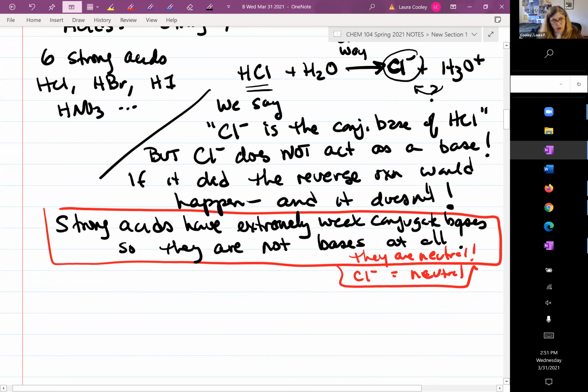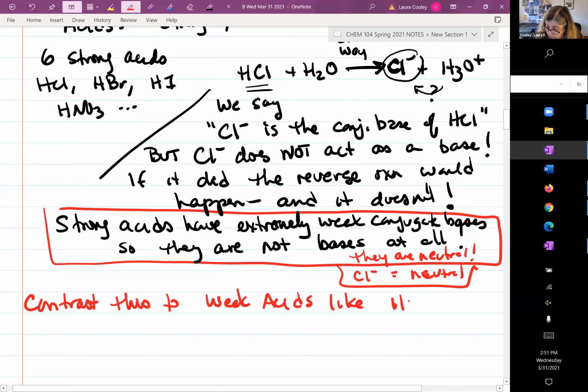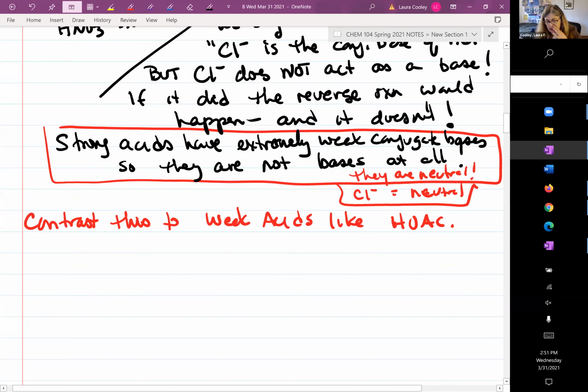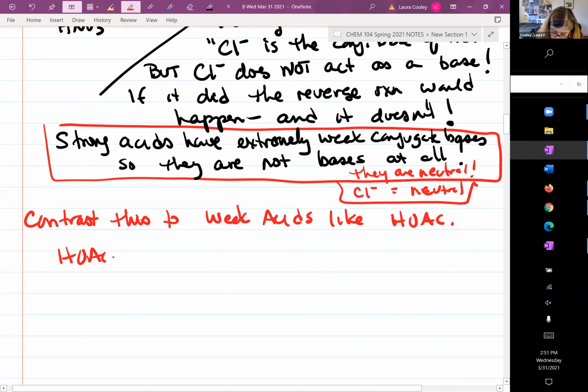What about a weak acid? So contrast this to weak acids like acetic acid, my favorite. Okay, so HOAc plus water. It donates a proton only a very little bit of the time in a reaction that heavily favors the reactants.